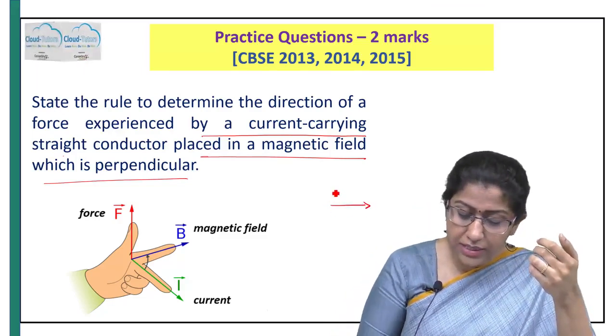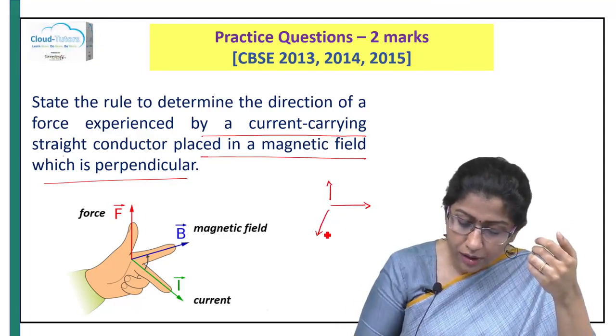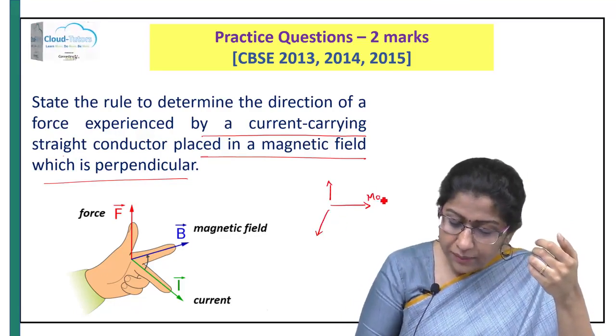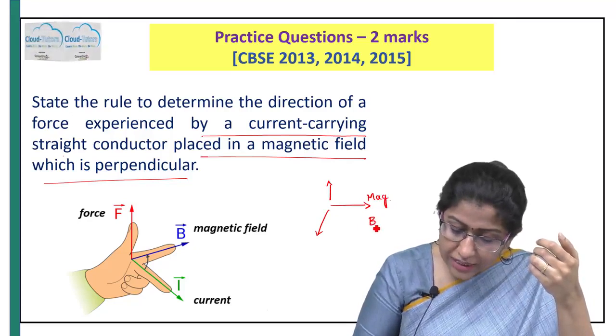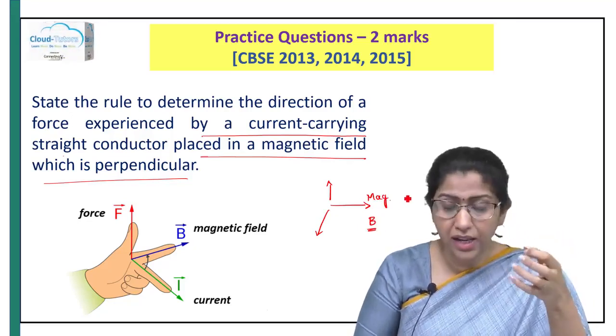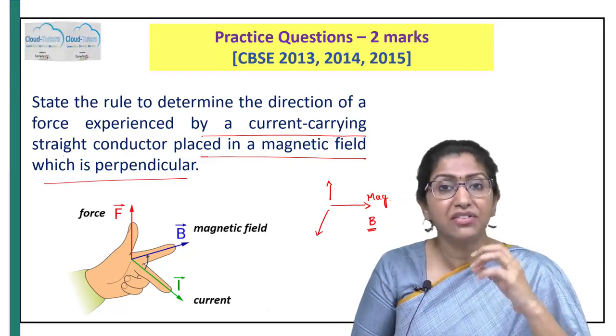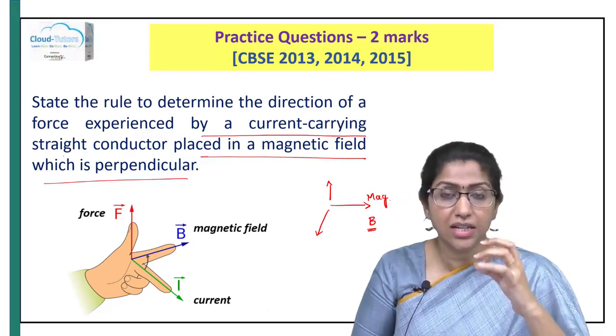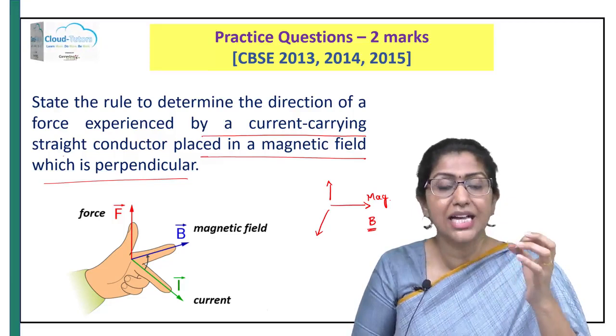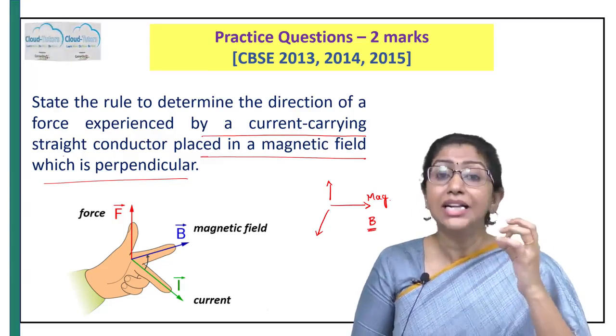So if this is your magnetic field, it is represented as B, just like how we represent electric current as I. Magnetic field is a vector quantity, as we have discussed already. It definitely has some magnitude and also direction.